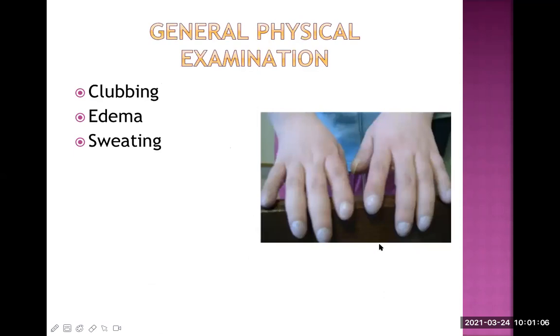Let's move on. Now examine for clubbing, edema, and sweating. Now look at this picture. These are the clubbing. Along with clubbing, what else can you see here? Cyanosis. Look at the blue nails there.